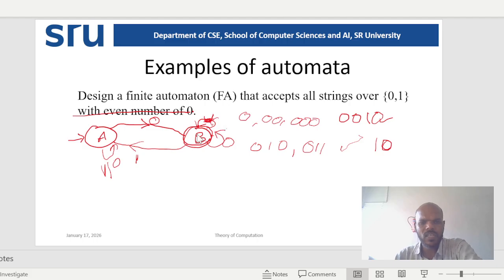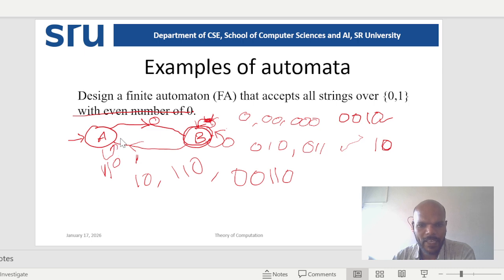So 1 0 should be accepted, and 1 0 is accepting. 1 1 0 should be accepted, and 1 1 0 is accepting. 0 0 1 1 0 is accepting. Now check 0 0 1, again 1, again 0. It is getting accepted. That means any string ending with 0 is accepted. The finite automata design is completed.